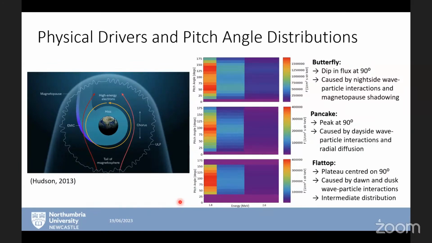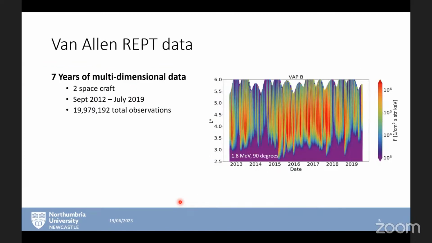Now, the aim of my study was to try and determine the shapes of the different pitch angle distributions without preemptively defining their shape or their number. And to do this, we applied a series of unsupervised machine learning to 7 years worth of REPT data collected by the Van Allen probe mission.